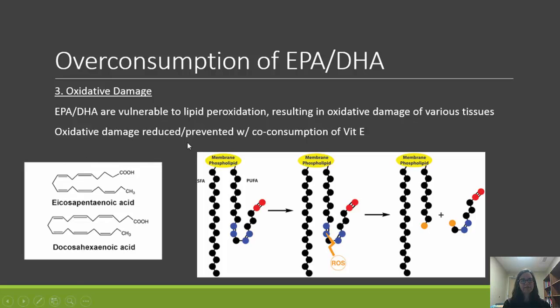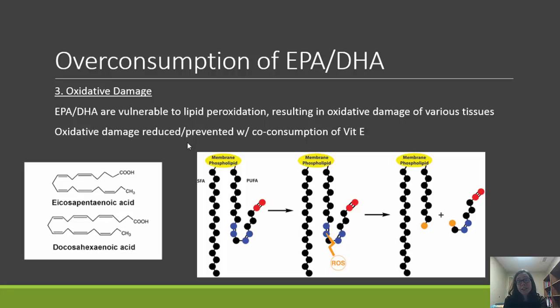can lead to kind of this, like we've talked about in past lectures, this kind of downhill reaction. So basically, think about one of these in your phospholipid bilayer, okay? So we have oxidation of the EPA and DHA. We have a reactive oxygen species, and then that reacts with the lipid next to it, and that reacts with the lipid next to it, and then we could have this even unzipping or dysfunction of our membranes.